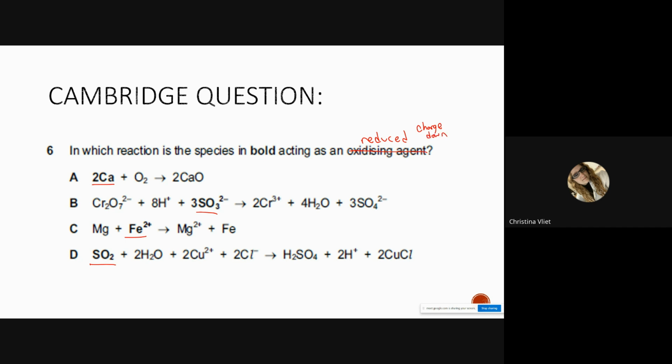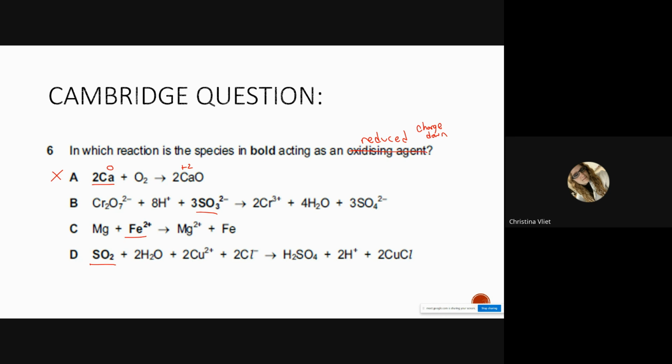You're looking for GERD. Yes. So now that we have that information, which of these is reduced? Is it calcium? In A, it goes from 0 to +2. So is that the answer? What about B?